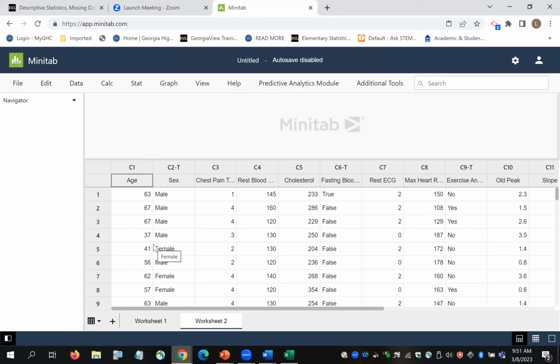And it has brought that entire spreadsheet from Excel to Minitab. Everybody okay? Yes. Okay. So that's Excel. Excel is pretty much a straight copy paste. The biggest thing is getting your mouse in the right place so that it copies correctly.